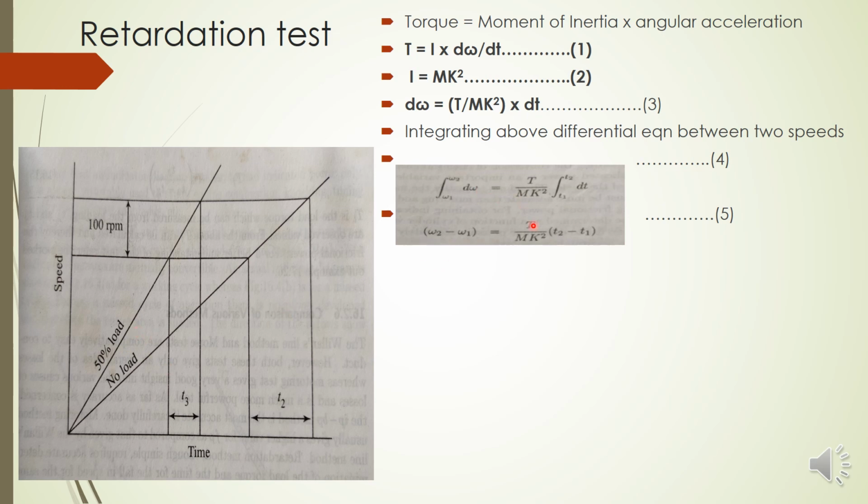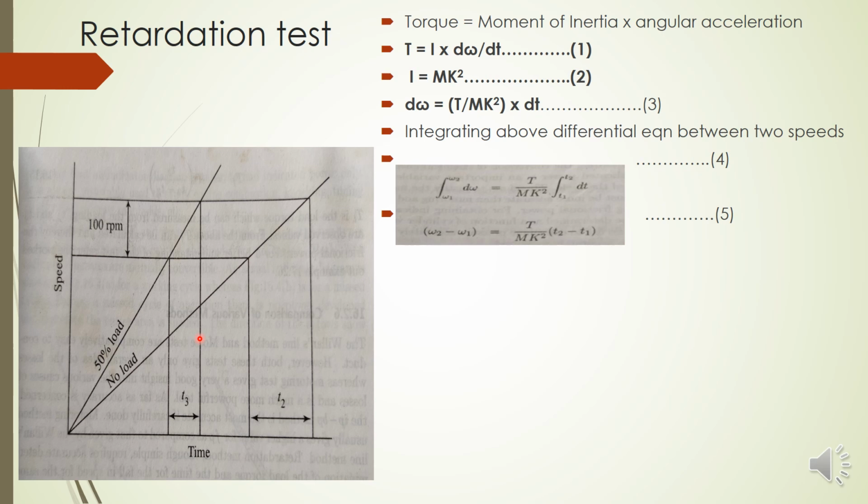So what will be the torque at no load? At no load, there is no load, so only frictional torque will be there. Here we are splitting the torque into two categories: one is torque due to friction, the other is torque due to load.